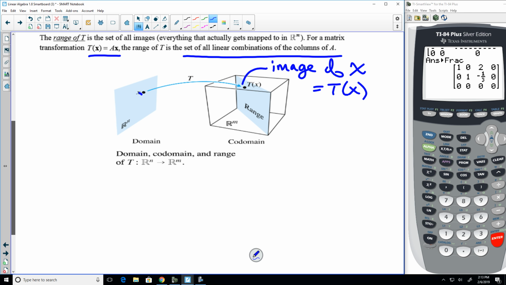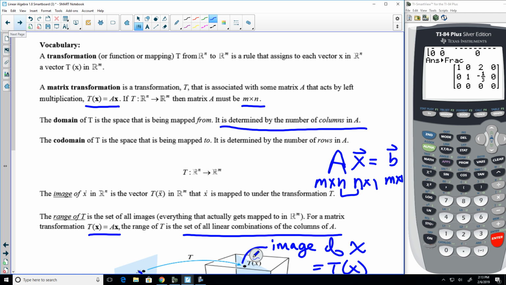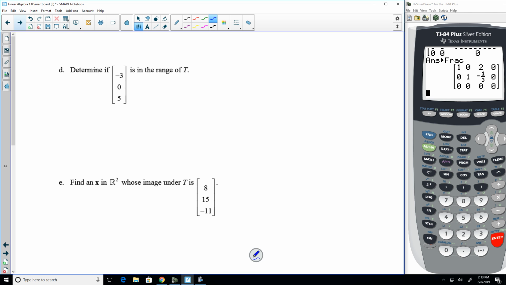So is this vector in the range? That means, can we find a linear combination of the columns of A to get this vector? So what this is saying is, if this is T of X, what is X, right?